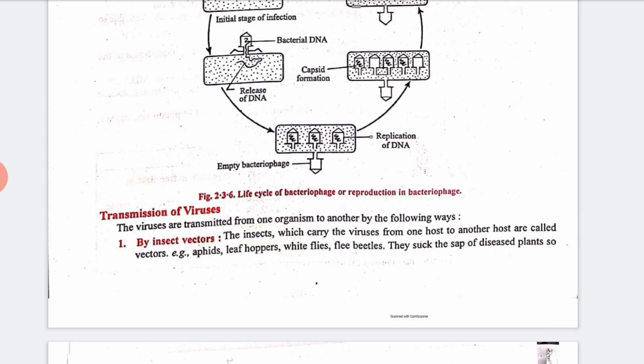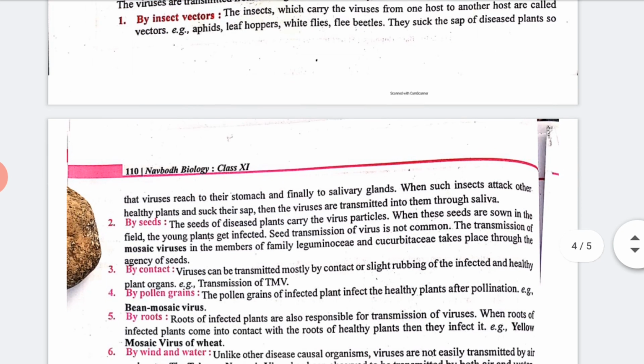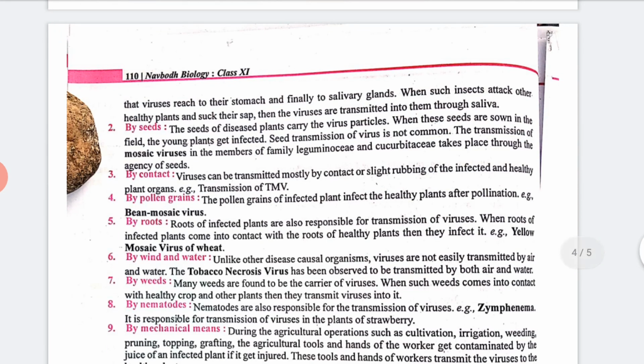They suck the sap of the diseased plant so that the virus reaches their stomach and finally the salivary gland. When such an insect attacks another healthy plant and sucks its sap, the virus is transmitted into it through saliva.